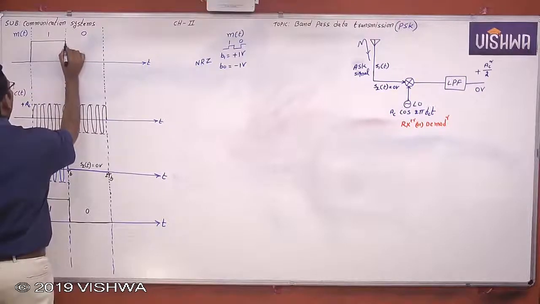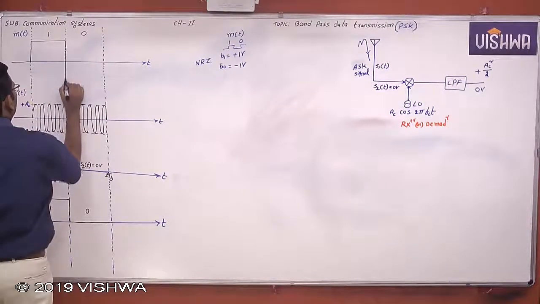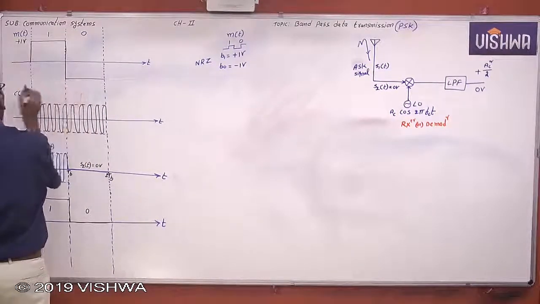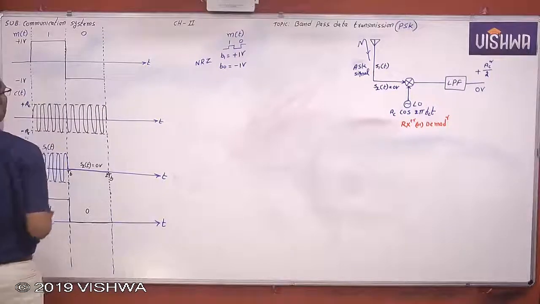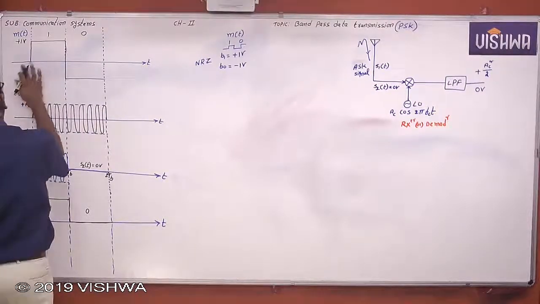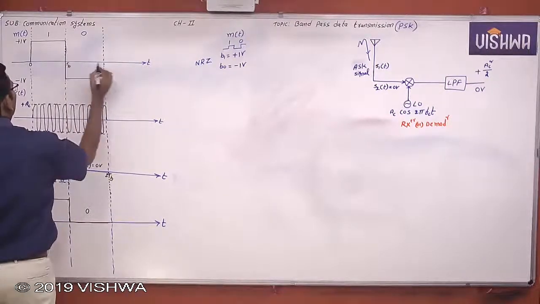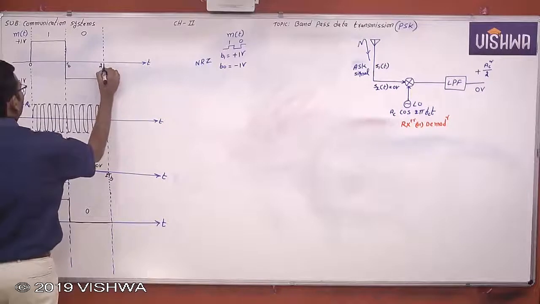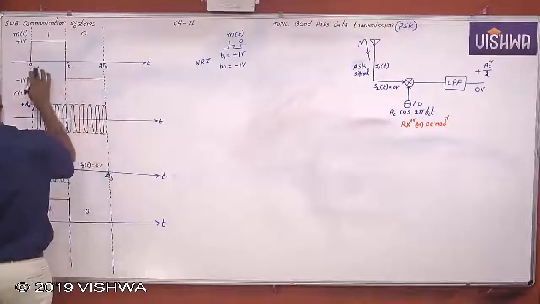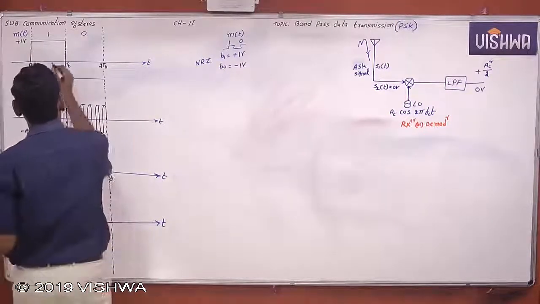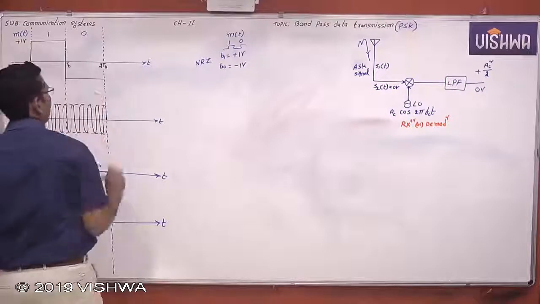For binary 0, this is the negative voltage. For binary 1, this is a positive voltage. For binary 0, this is the negative voltage. Okay. So this is 0, Tb, 2 Tb. Right. Now this is a non-return to zero signaling scheme: for binary 1 positive voltage, binary 0 negative voltage.